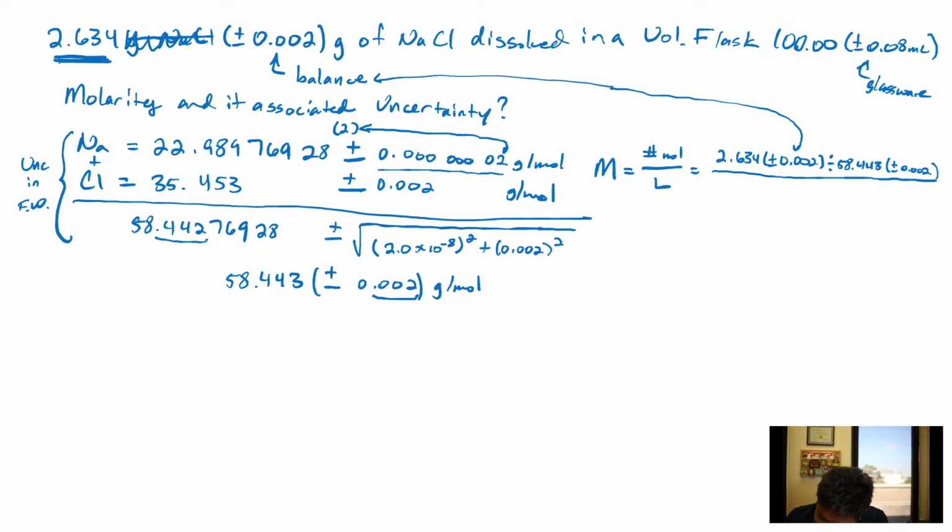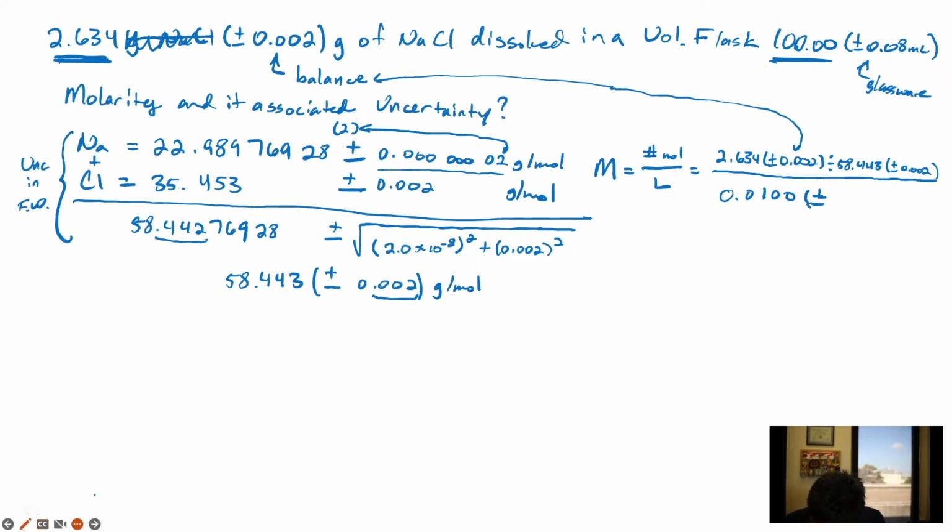So now we need liters. And the liters is from the flask, so we have 100 there. We'll change that to liters: 0.0100, and then this is going to be plus or minus. And then, it's something messy. I'm going to do that again.